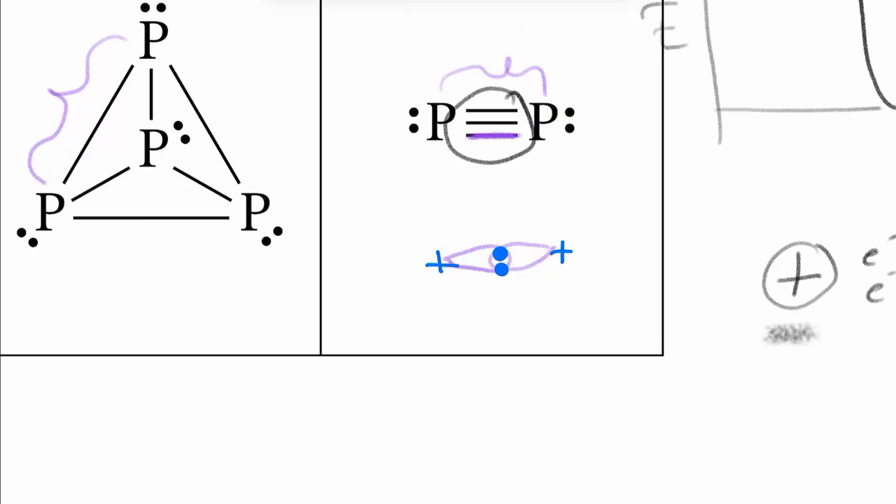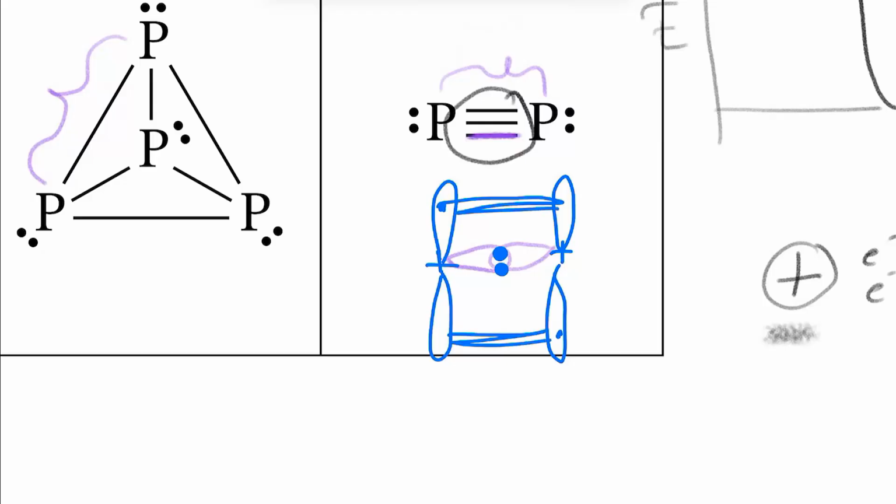And then of course in pi bonding, we're going to have unhybridized p orbitals that provide even more electron density between them. They're not quite as strong as a sigma. And then in this case, we have another unhybridized orbital in another direction, front and back. So we go top and bottom for one pi bond, and then we'll change the color here, front and back for the other pi bond.